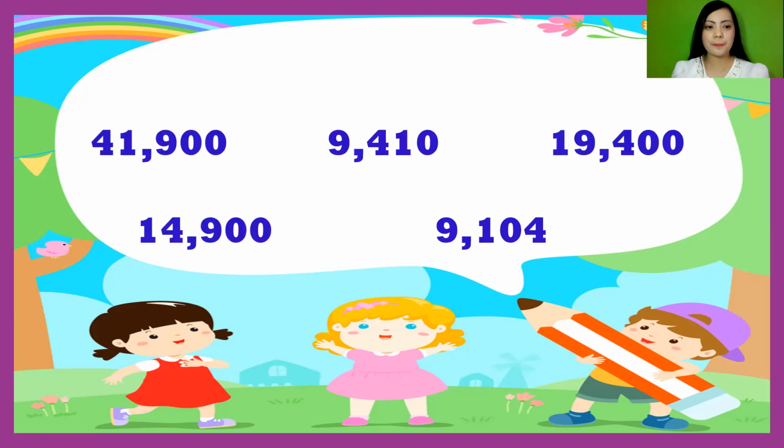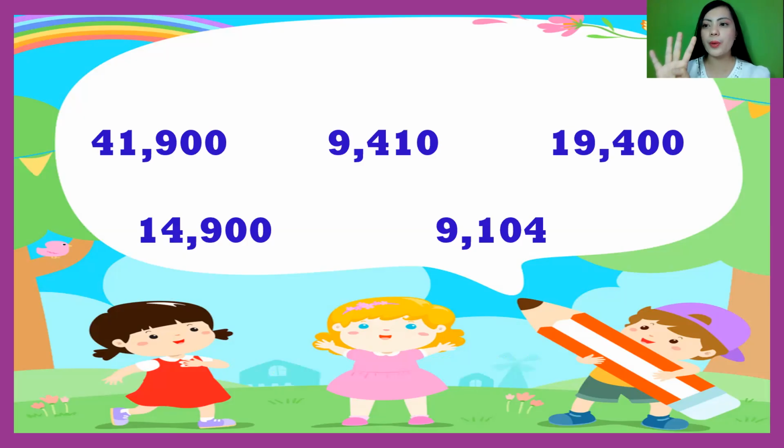Okay. All right. So let's have the next numbers. 21,900, 9,410, 19,400, 14,900, 9,104. Okay, so as you can see, there are sets of numbers having 5 digits, and there are 4-digit numbers too.